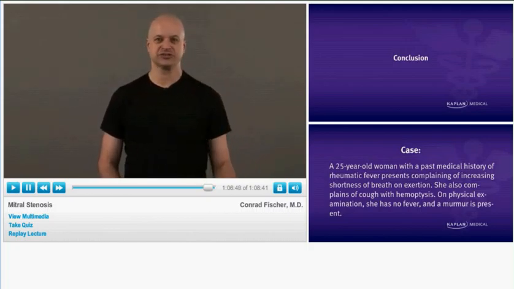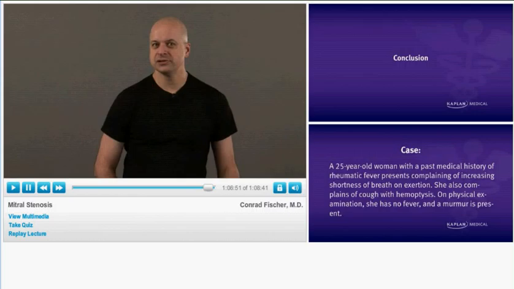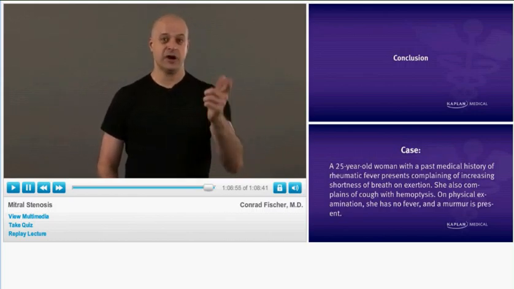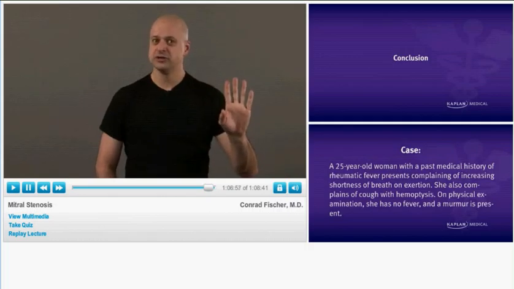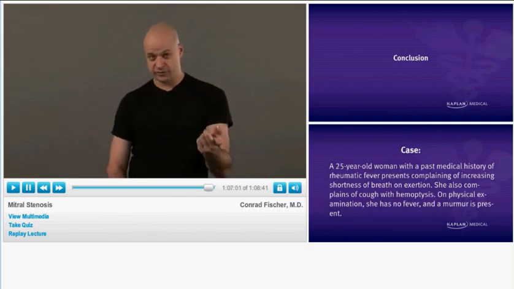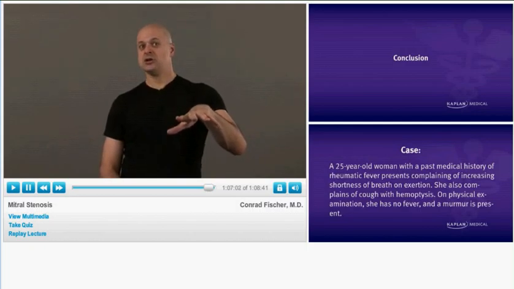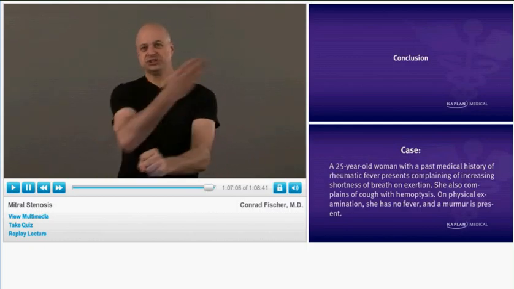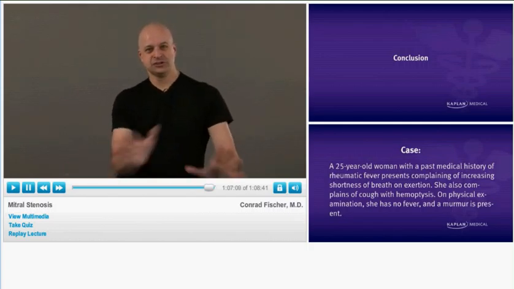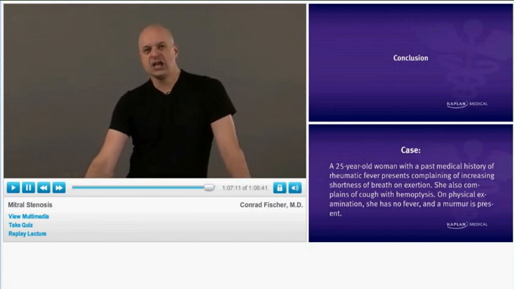That has nothing to do with mitral stenosis. Amyl nitrate decreases afterload, which makes AR and MR, aortic regurg and mitral regurg, better. Hand grip increases afterload, which makes AR and MR worse because the hand grip is squeezing the blood back.